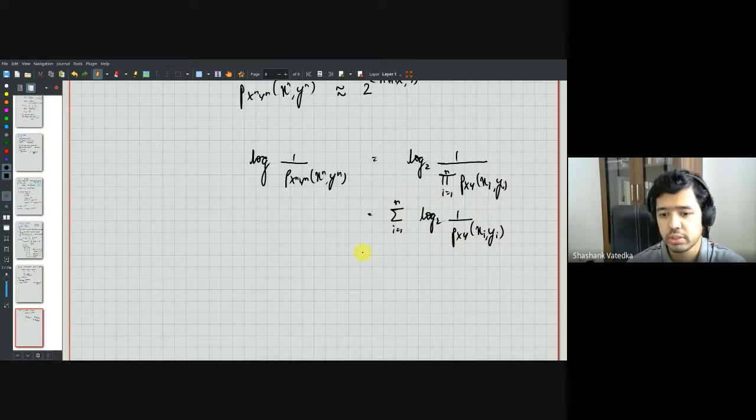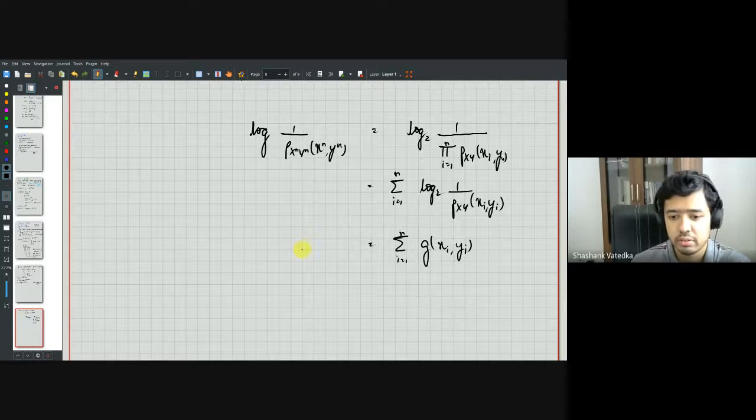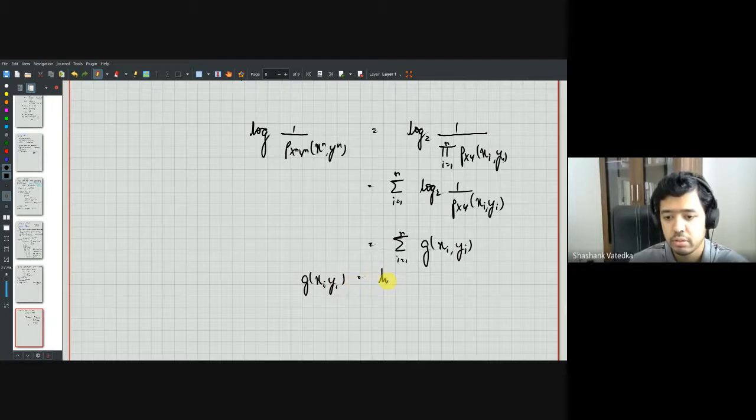So this is the summation, i going from 1 through n, of some function g of x i y i, where g of x i y i is log 1 over p x y of x i y i.